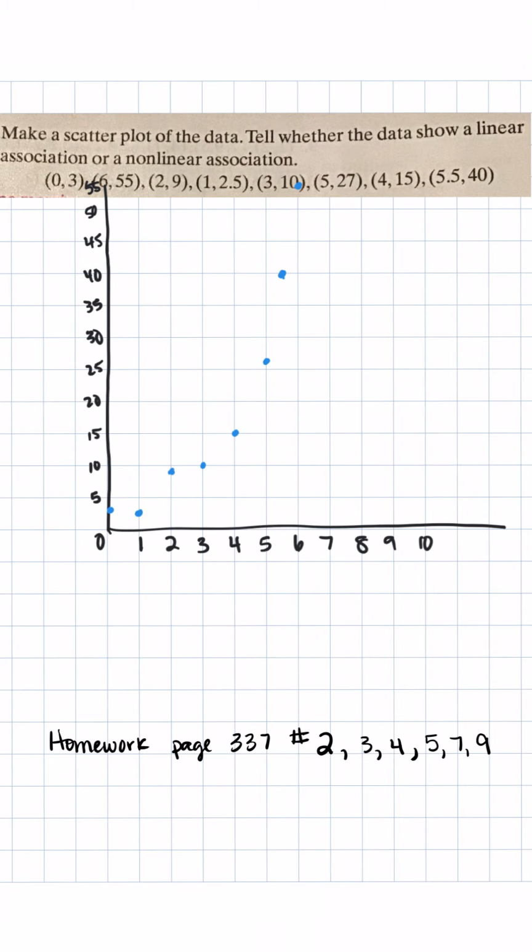So as we're looking at this, 0, 3, and then drop down to 1, 2.5. So there's kind of a dip there. So it's not always making progress. So when we look at this, because the one dipped down, it's considered non-linear.